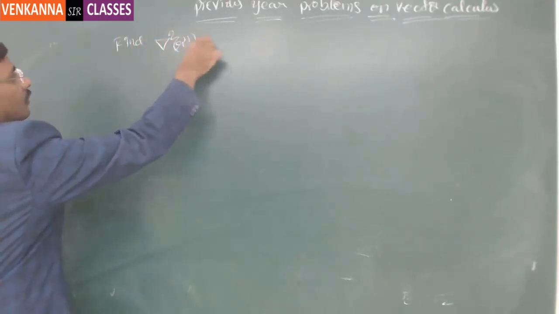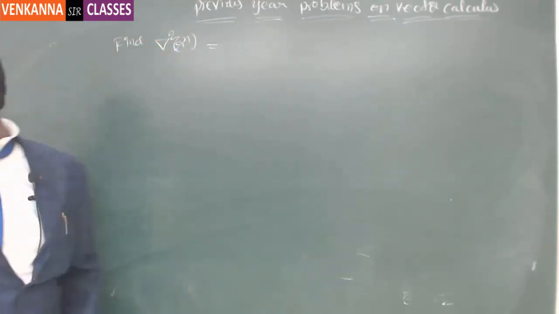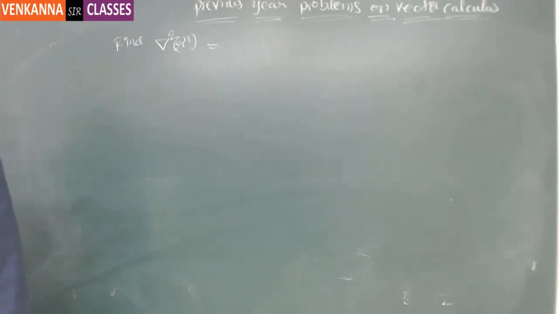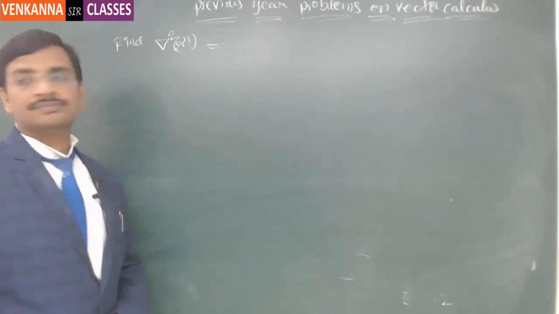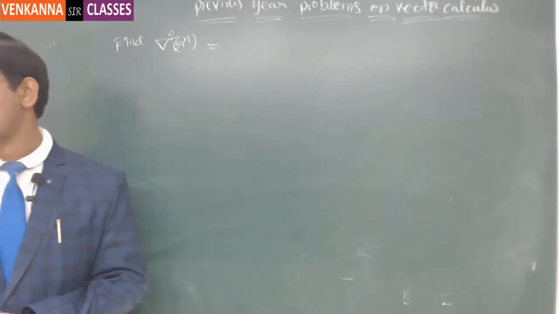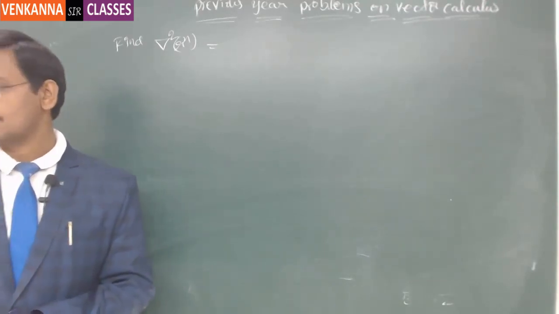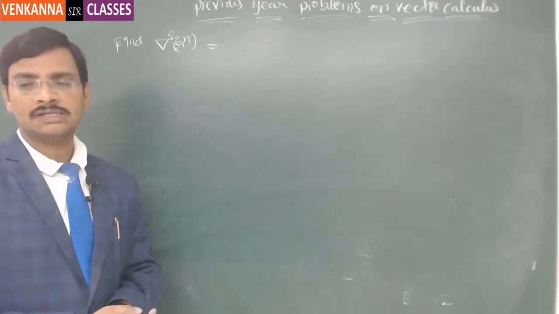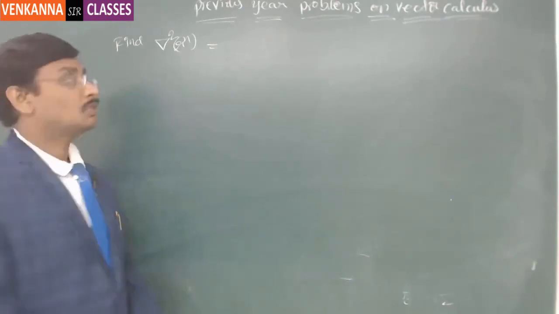This will be straightforward and simple. Can you find out? This is, I think, a direct problem from BS Grewal. You want me to solve this? Okay, so let me solve this.